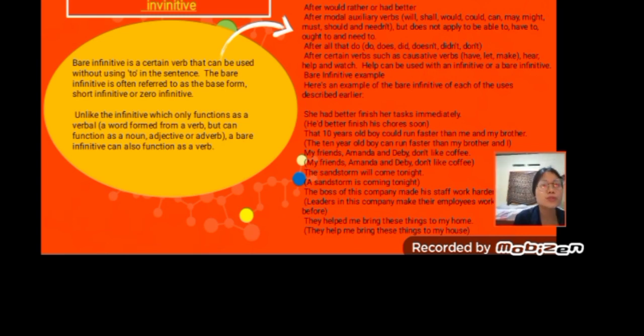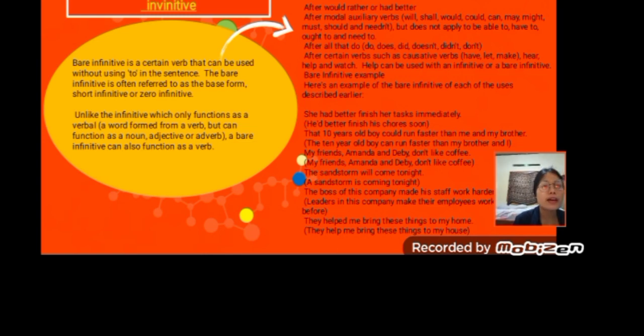After all forms of do: do, does, did, doesn't, didn't, and done. After certain verbs such as causative verbs have, let, make, hear, help, and watch. Help can be used with an infinitive or a bare infinitive.